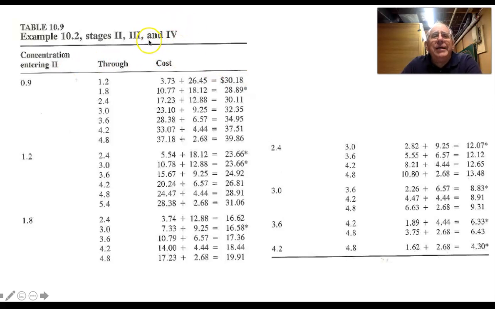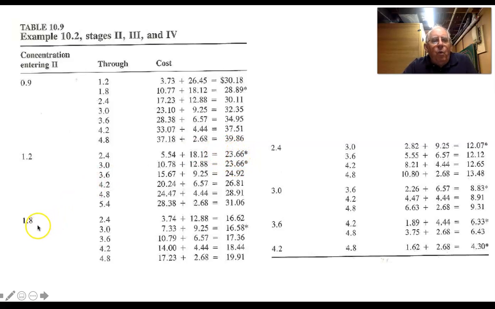And so if we come into stage 2 with 0.9, we see that the minimum cost is going to be $28.89. If we come in with 1.2 and look at the combinations and then put in the values associated with that going from that point through the other 2 stages, we get an optimum that corresponds to either of these 2.